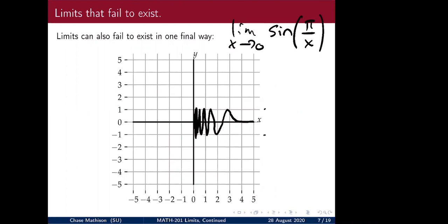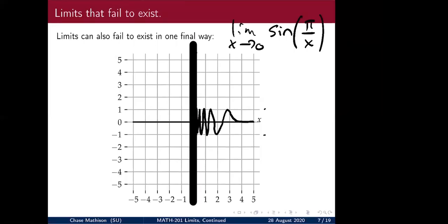Anybody? Is there any one number that it looks like this function is settling down to? No, it keeps bouncing back and forth between plus and minus 1. And so again, if you just drew the solid black line over x equals 0, that helps a little bit.